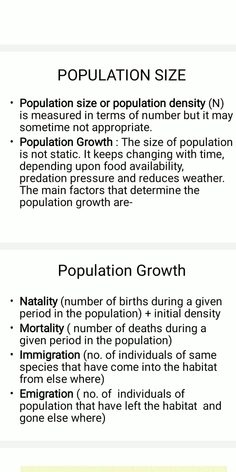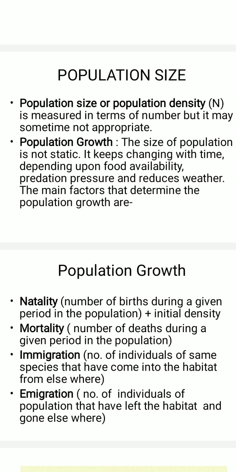Emigration, E means remove. The number of individuals of the population that have left the habitat and gone elsewhere. For example, most of the Indians, they go to other different countries in search of jobs or studies or doing research, or they may settle down there itself. So we'll minus that number of individuals.